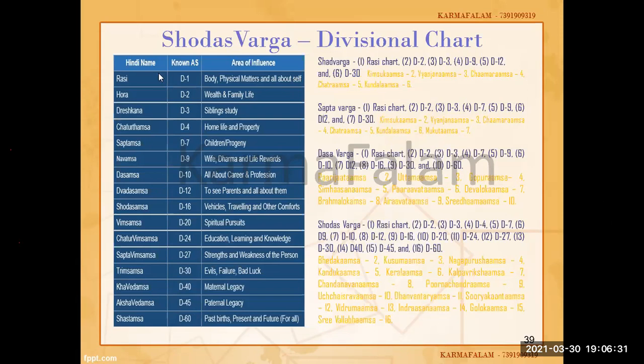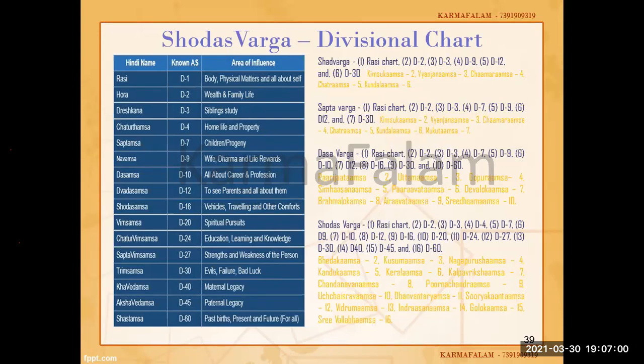The first chart, D1, is the Lagna chart or Rashi chart. It influences the body, physical matter, and all about the self, meaning all about a person. Hora: when we divide each house by 2, since the degree of each house is 30, it gives us the Hora chart.